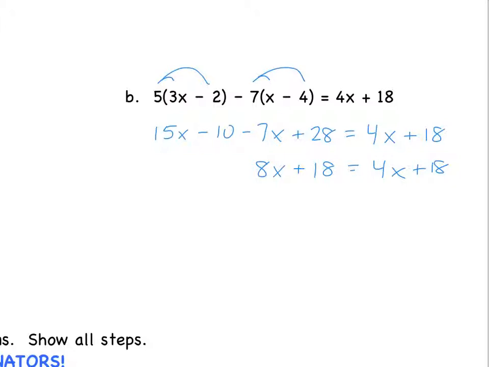That puts us at 4x equals 0. How do we get x by itself? Divide both sides by 4, and we get x equals 0 over 4. Well, 0 over 4 is simply 0, so x equals 0, and there's our final answer.